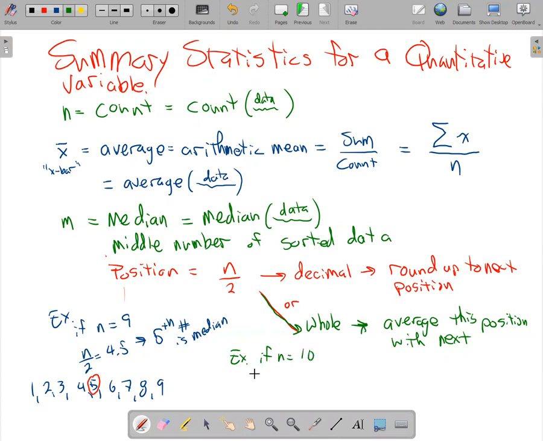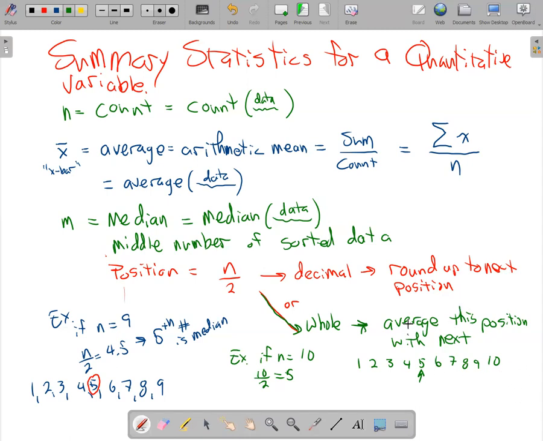If n equals 10, 10 divided by 2 is exactly 5. But think about the numbers again, 1 through 10 again. 1, 2, 3, 4, 5, 6, 7, 8, 9, 10. If we focus on the 5th number here, there's 4 numbers to the left of it, but 5 numbers to the right. That's not the middle.